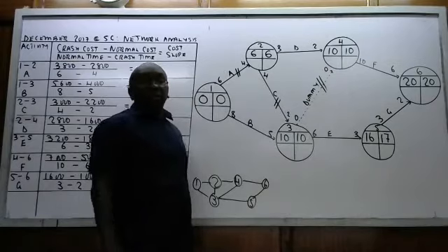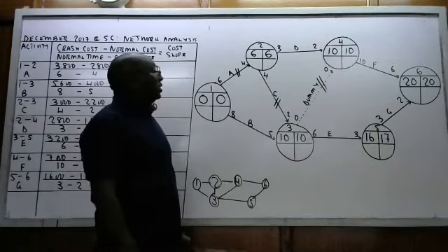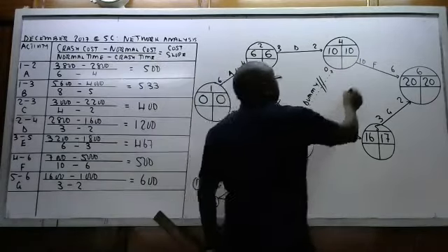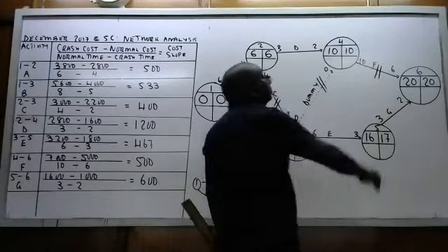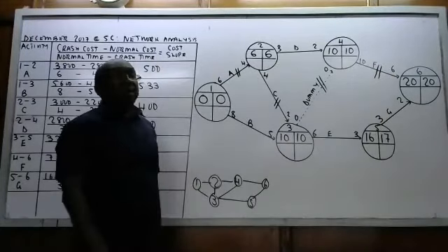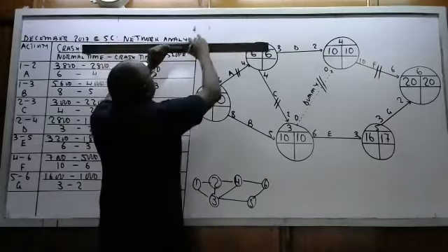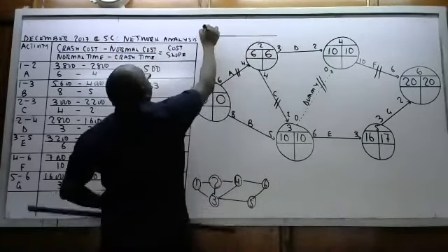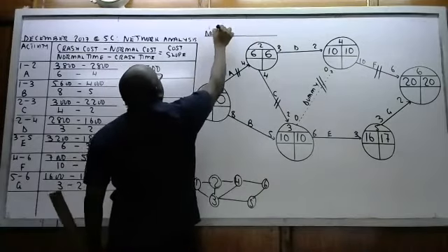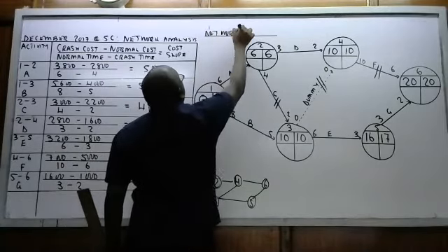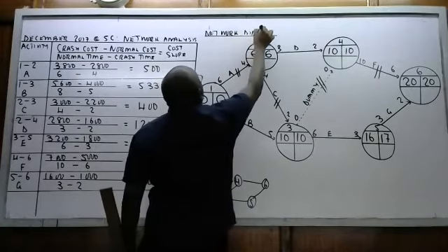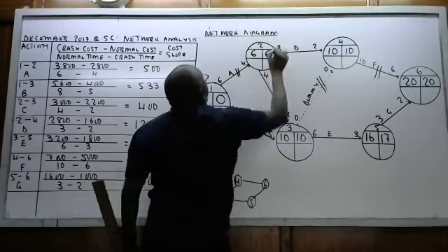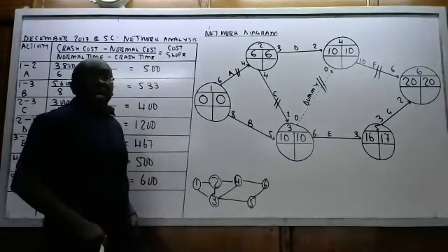Dummy is critical. And then it goes without saying that F must be critical. Remember, this is our network diagram.